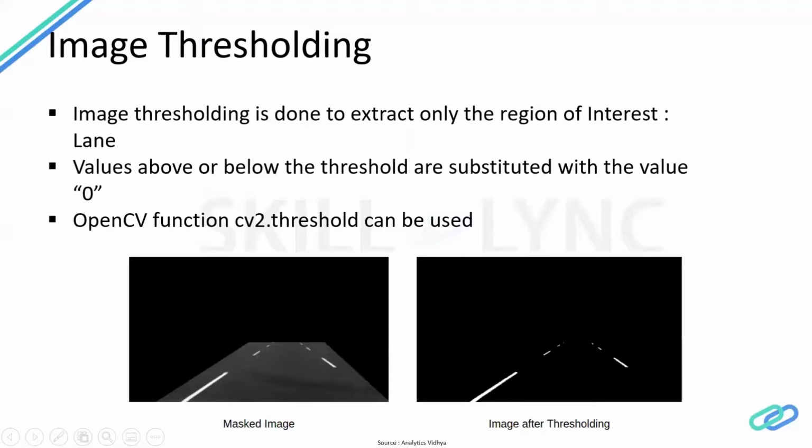OpenCV readily has a method called cv2.threshold, which would enable you to threshold them and only have things that are of interest. Thresholding is a very useful procedure when you know what range the pixel values of those areas of interest are going to be in, so that you can readily filter the other areas out.